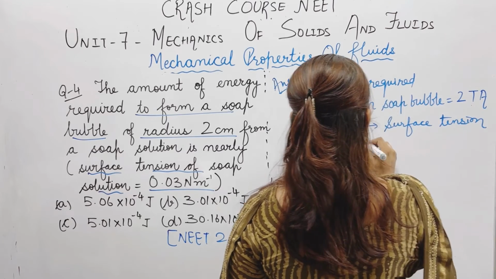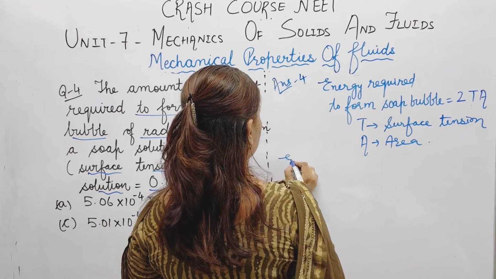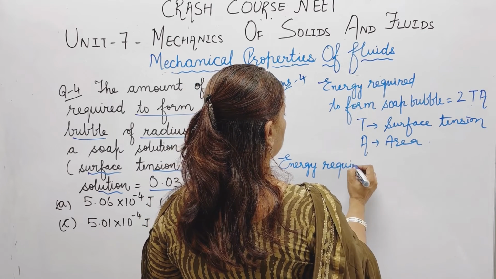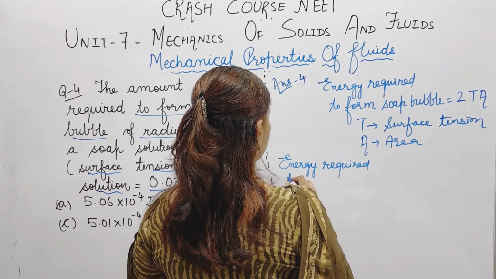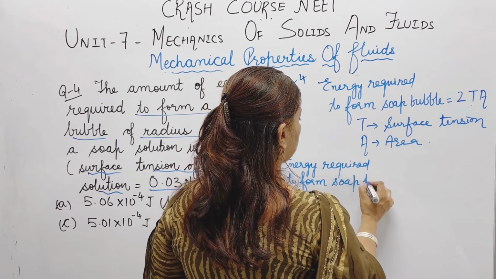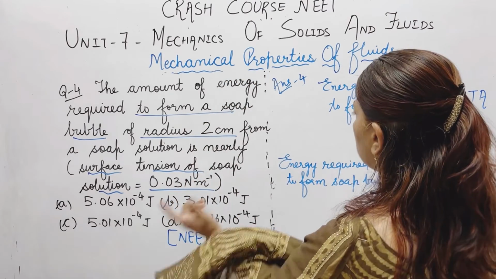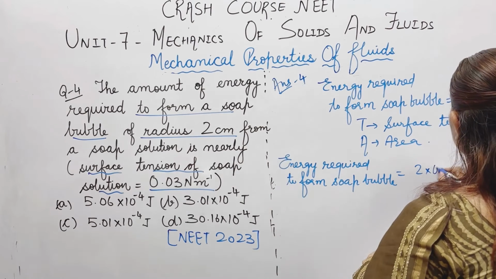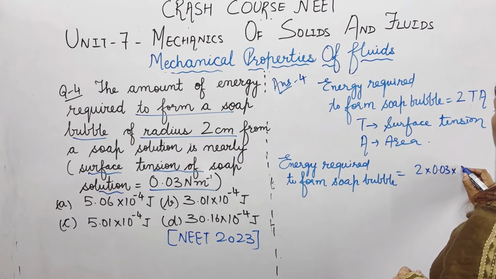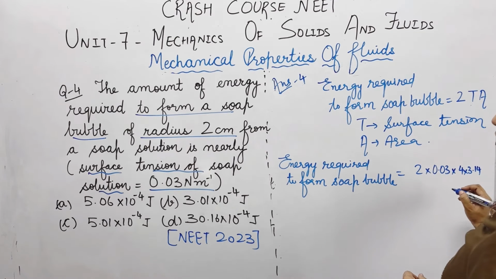So the energy required to form soap bubble is 2 into 0.03 into 4 pi, 4 into 3.14, and r square.